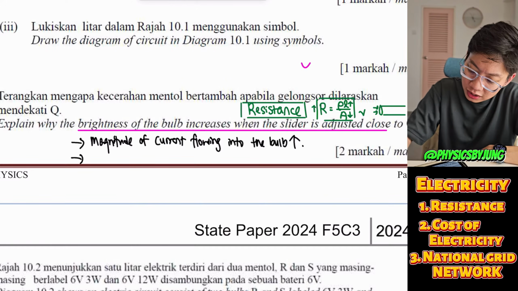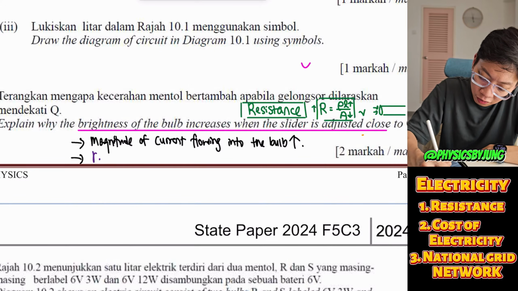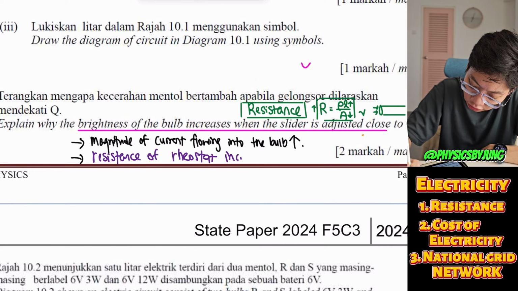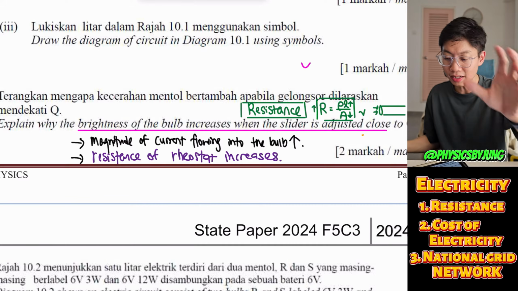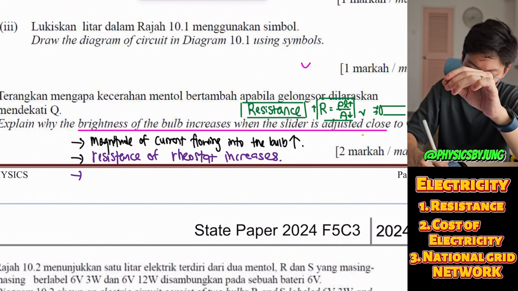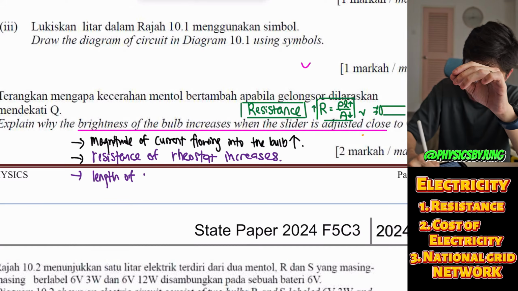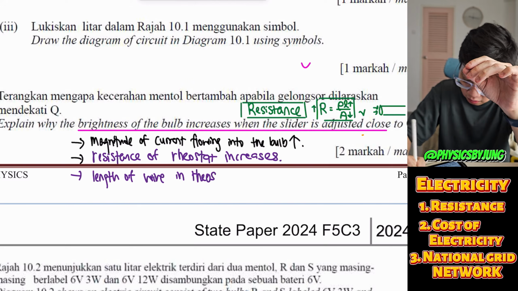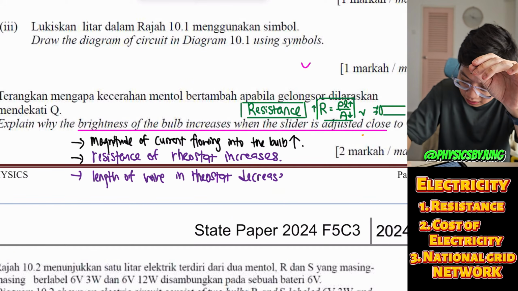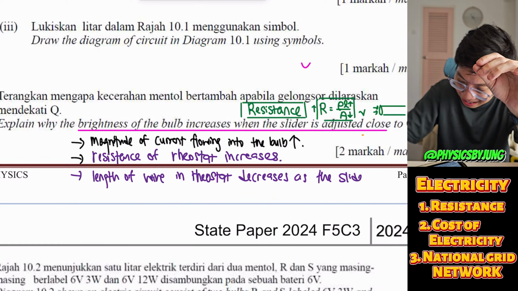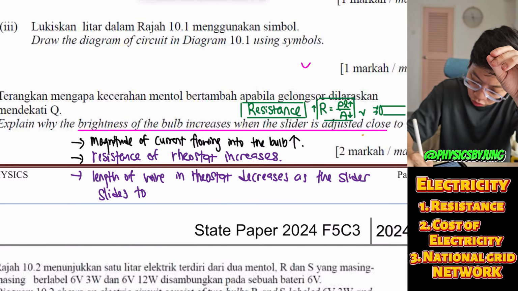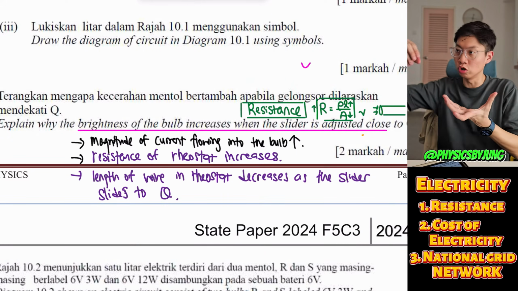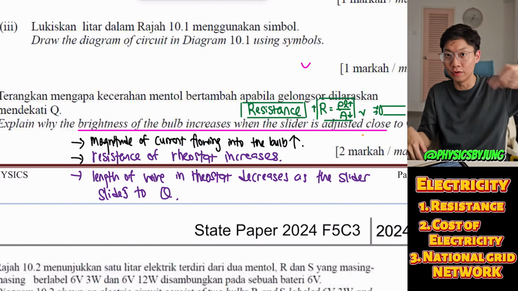Because when you change the slider, we will say that the resistance of the rheostat actually decreases. Why does it change? Because most likely the length of wire in the rheostat decreases as the slider slides towards Q. They actually use this slider to control how much wire your current will flow through.